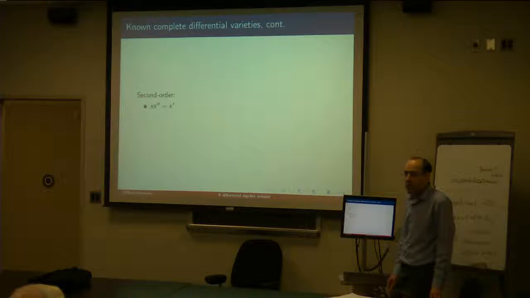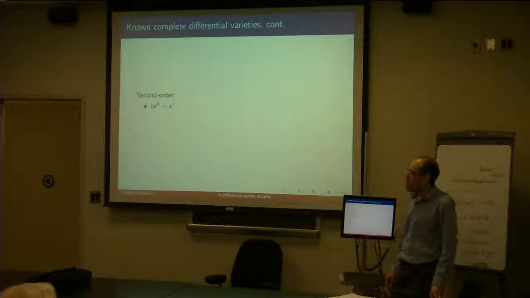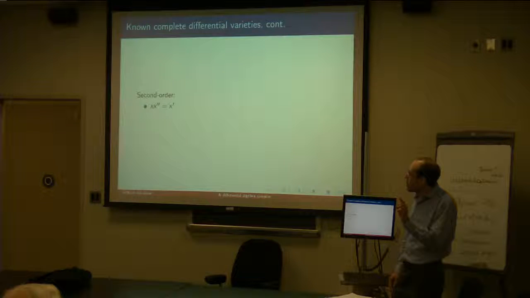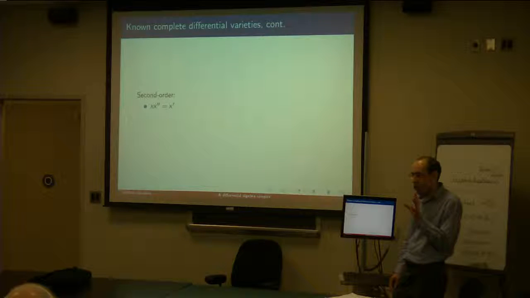So I suppose you also have examples of equations whose projective closure is not differentially projective? The algebraic projective closure, you mean? Whatever projective closure you're talking about here. For the past slide and a half, you were saying that if I take this equation and take the projective closure, then that is complete. Yes, the projective closure is differentially complete.